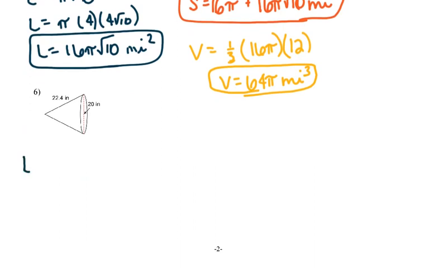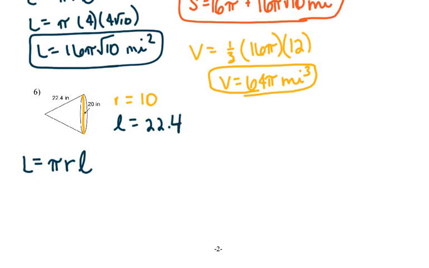So our lateral area is pi times the radius times the slant height. And we are given the slant height, but we are also given a diameter instead of a radius. So our radius is 10. It needs to be divided in half. And our slant height is 22.4.